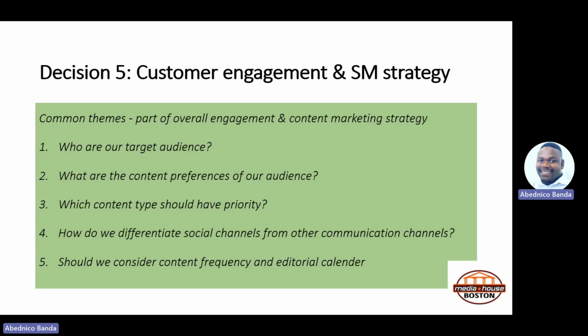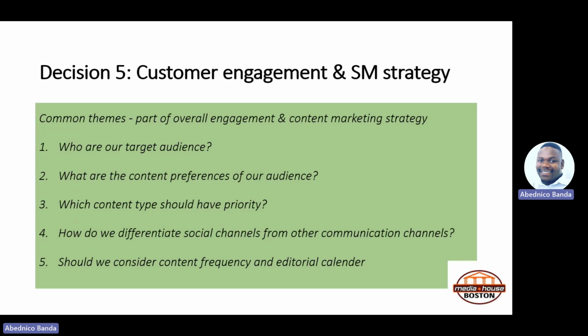And with all these, sometimes as human beings, we can forget. So you need to have an automated editorial calendar and an automated frequency of content. You do not want to bombard your customers with content because you do not know how many newsletters you've sent out already.